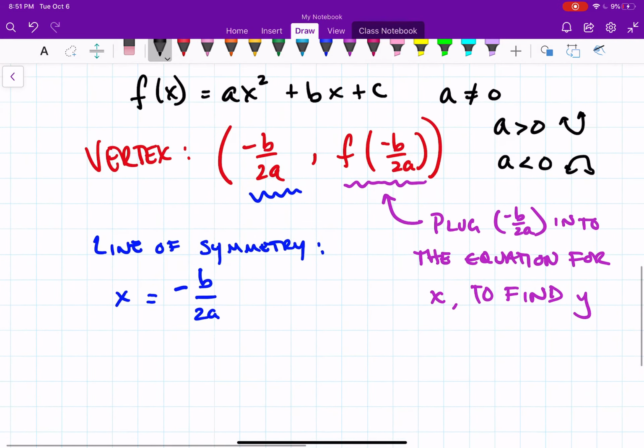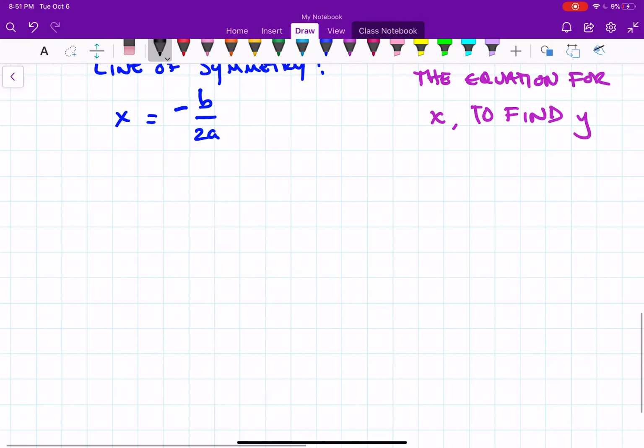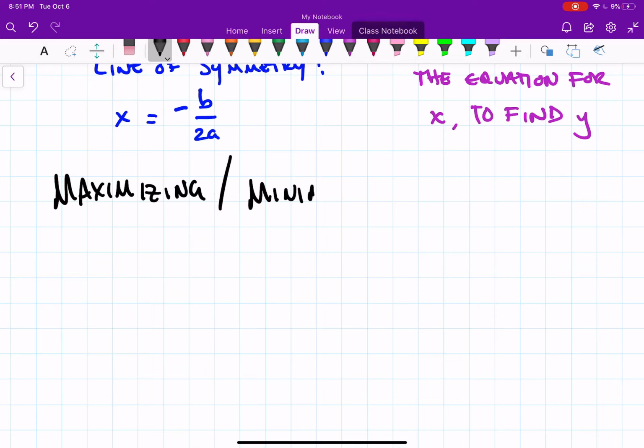Now we get to talk about maximums, or maximizing and minimizing.